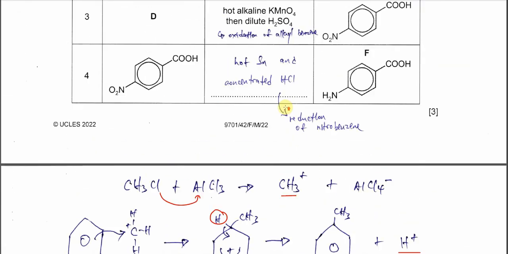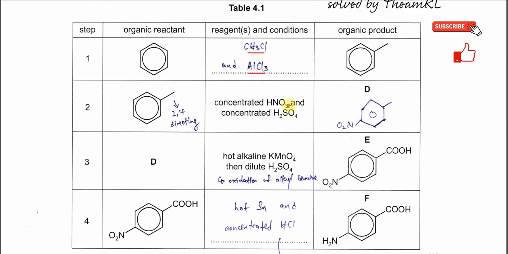For step 2, the methylbenzene that formed here will react with the nitration mixture, and it will form the nitro compound. First, you need to know the effects of this methyl group or alkyl group.